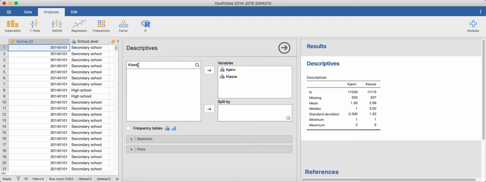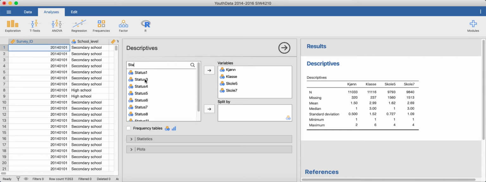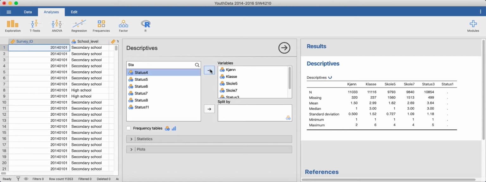And then I have skole 5, and I have skole 7, which is one of my variables, and I have status 3, and I have status 1, which is my dependent variable.